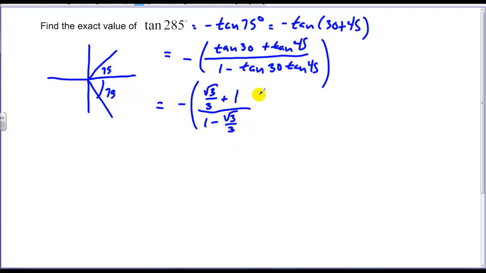times 1. So you'll see we have this complex fraction multiplied by 3 over 3 to clean it up a little bit. That gives me root 3 plus 3 over 3 minus root 3. Let's keep in mind all this is the opposite. So now if I'm going to clean this up, I have to rationalize by the conjugate.